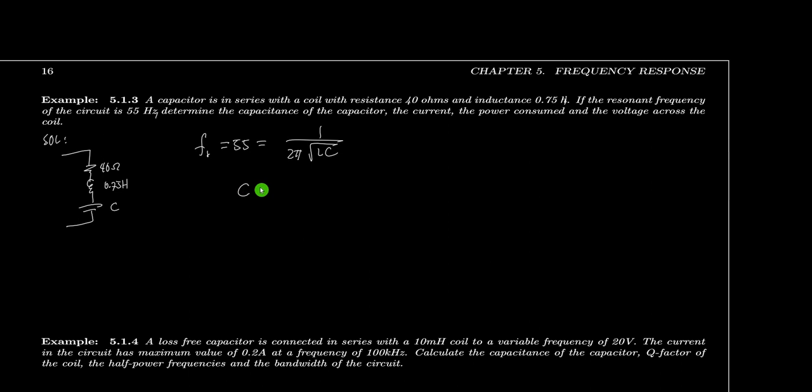So C will be equal to 1 over 2 times 55 times pi, squared, multiplied with the inductance, which is 0.75 Henry.